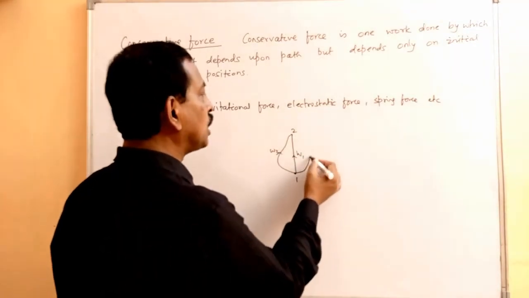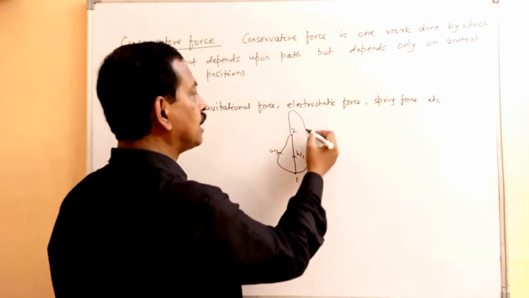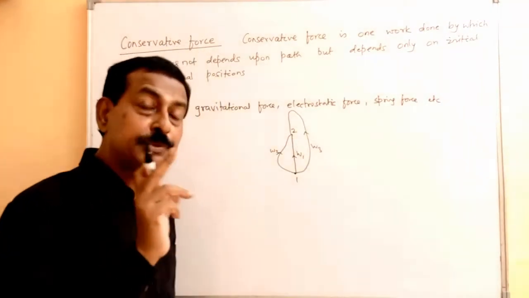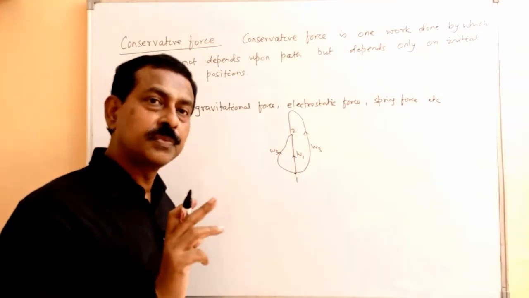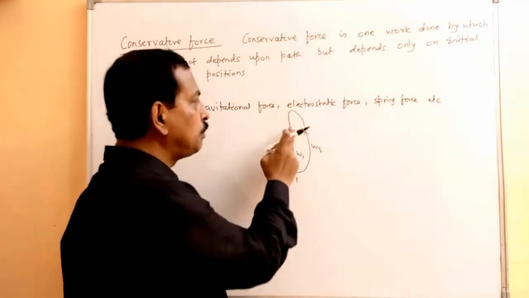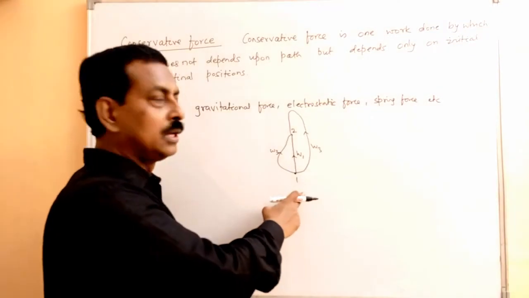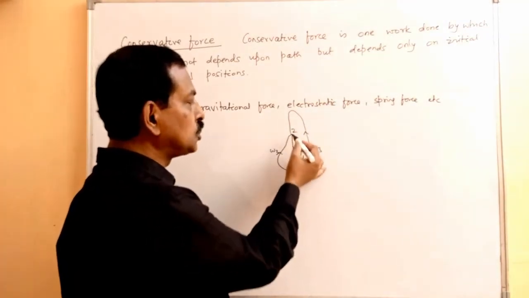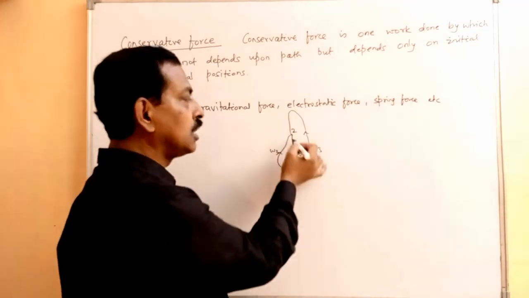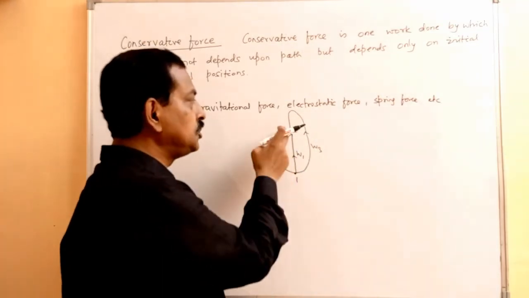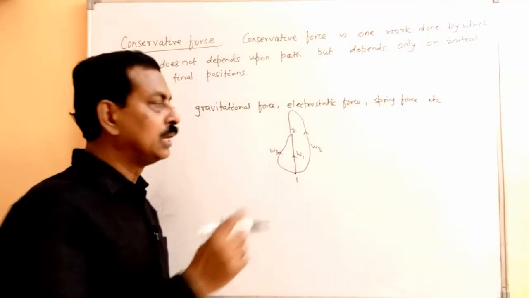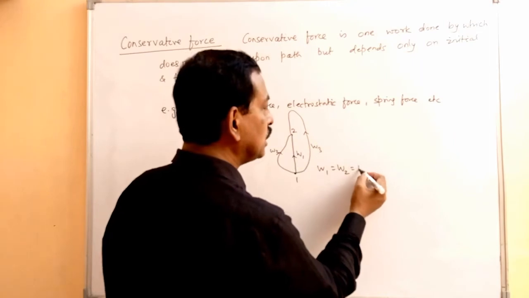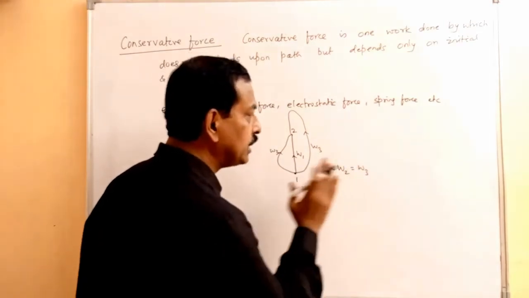And if we move it and then bring it like this, suppose the work done is W3. If it is a conservative force, then work done will not depend upon the path. It will only depend upon the initial and final position. So whether it is the first case, second case or third, in all three the initial and final positions are the same. So the work done W1, W2 and W3 will all be equal.